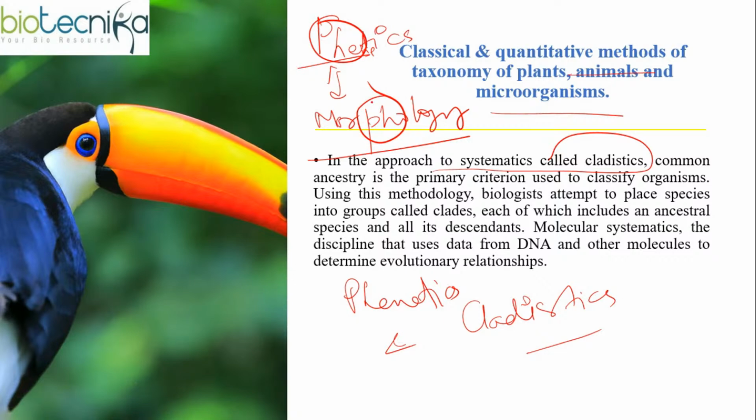That means phenetics classifies organisms based on their morphological and structural features. And if we are able to remember one relationship, then automatically the other will be clear: it has to be cladistics for the ancestral relationship.